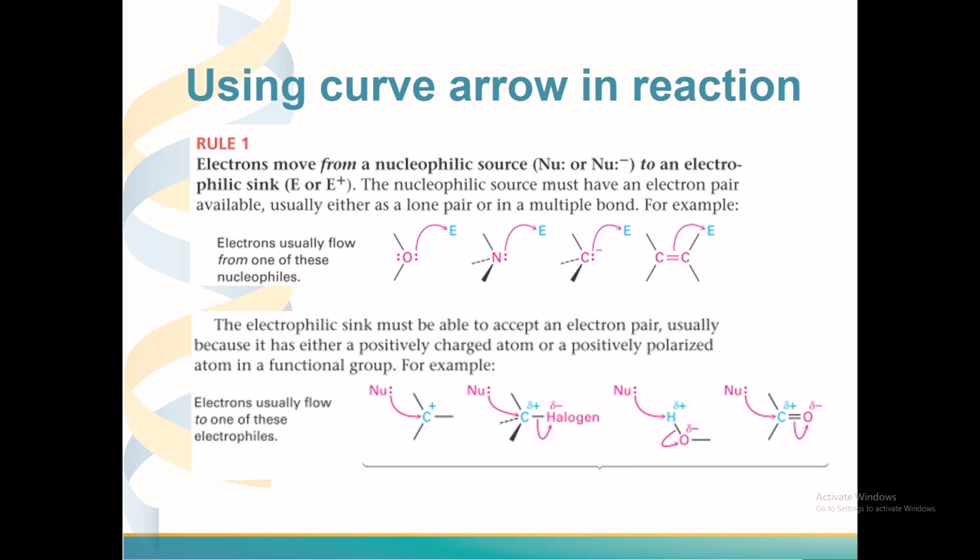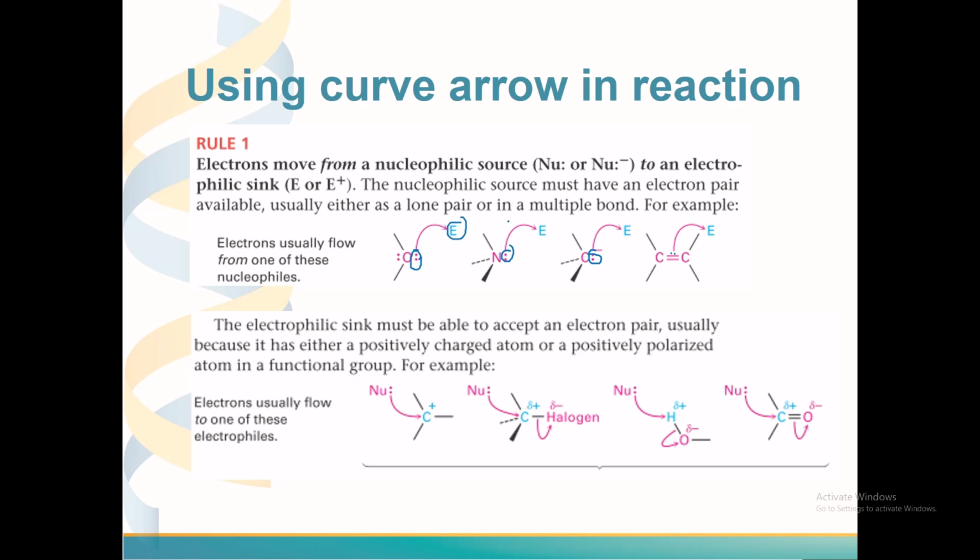The nucleophilic source must have an electron pair available, usually either as a lone pair or in a multiple bond. For example, here, a lone pair, a lone pair, a lone pair, and a multiple bond, which means there is a pair of electrons here, not a lone pair, sorry. And again, the arrow goes from the electrons to the electrophile.